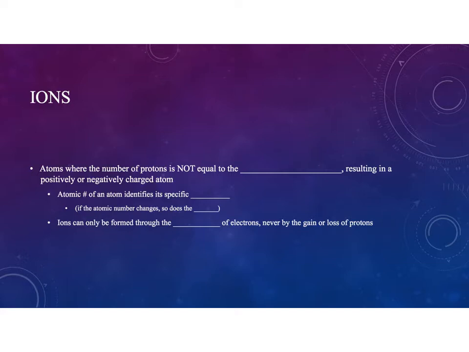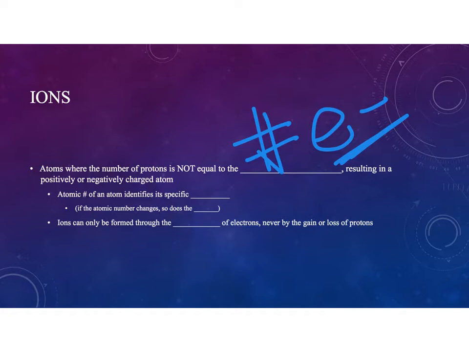Ions. Woohoo. So, atoms where the number of protons is not equal to the number of electrons, resulting in a positively or negatively charged atom. Here we go with that abbreviation symbol. So it's not equal to the number of electrons.